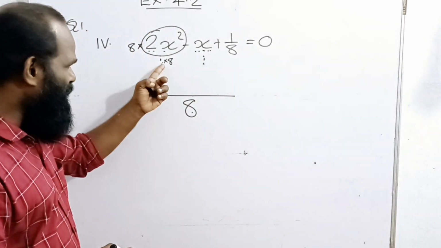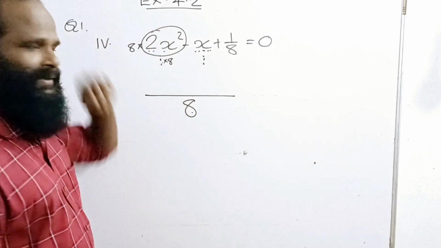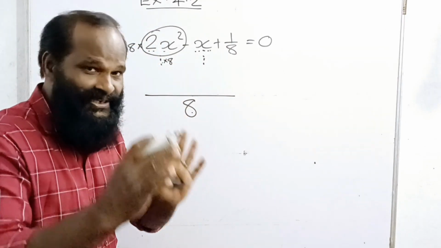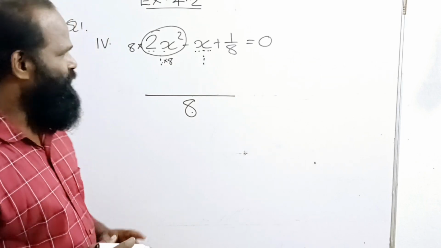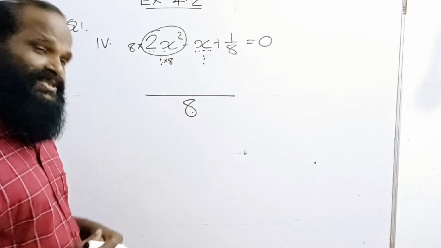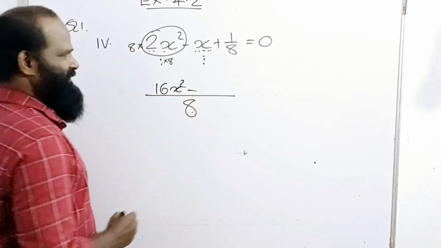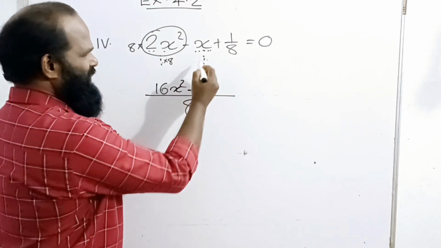So when its denominator becomes 8, there should be a change in the numerator too. So that is this change. So 2x squared into 8 is 16x squared. Minus 1 has become 8.